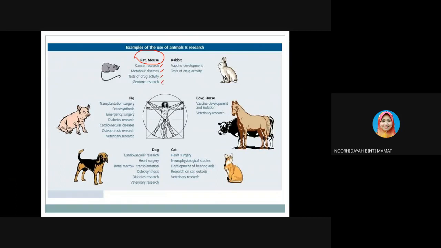For example, humans use cats as subjects to study heart surgery, neurophysiological studies, the development of hearing aids, research on cat leukosis, and also in veterinary research. You can read about all the other groups of animals that have been used in research.